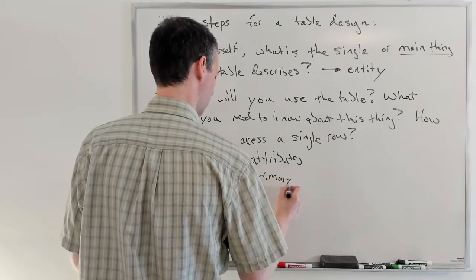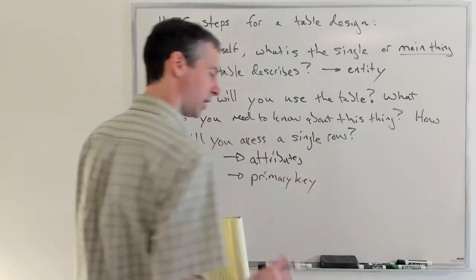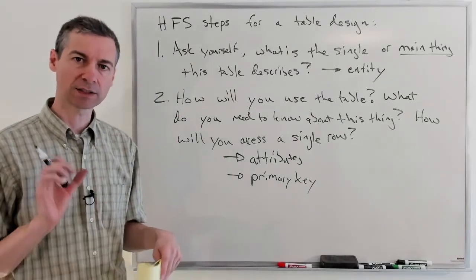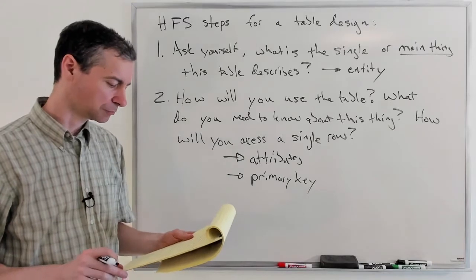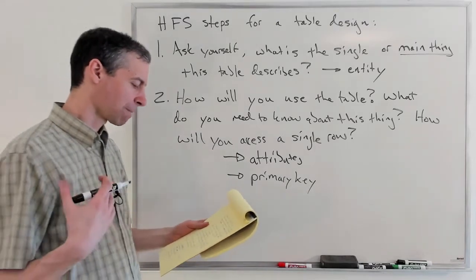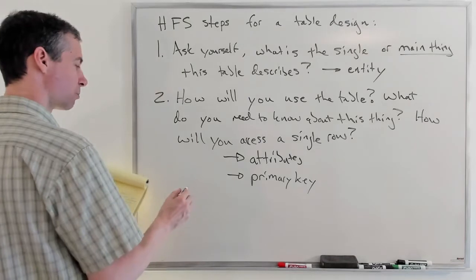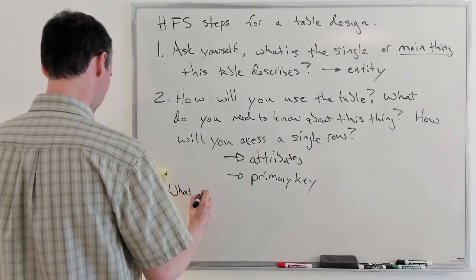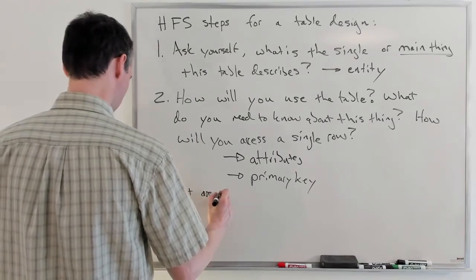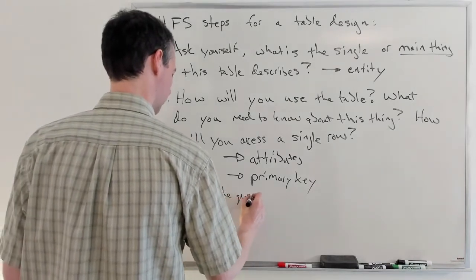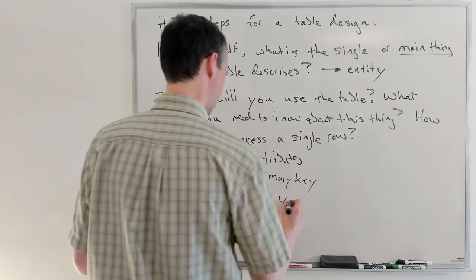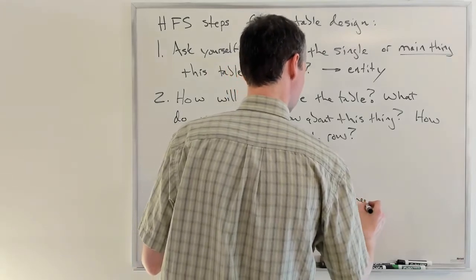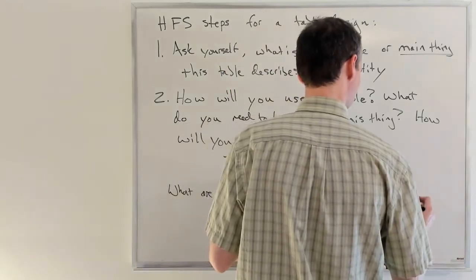And again, you can use more than one column, but those attributes together have to be able to uniquely identify a single row. So this is from the app that you're building, to help drive this. You'll ask yourself questions, like, what are the queries you need to run?